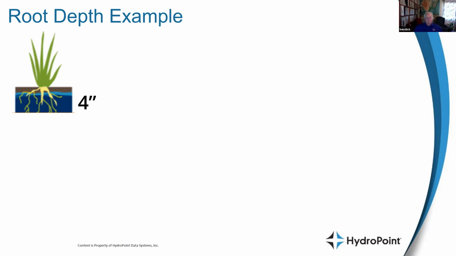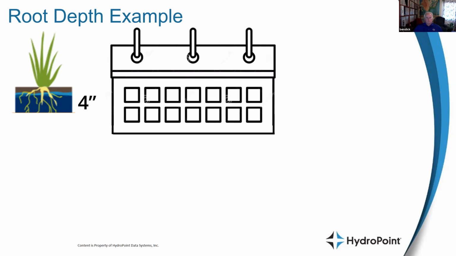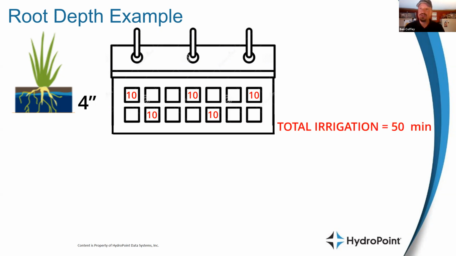And with all the other factors combined, that plant is going to need, across 2 weeks, 5 days of irrigation at 10 minutes apiece, right? I made up all of these numbers for simplicity, right? So at 4-inch root depth, in 2 weeks, you'll see 5 irrigation events that last 10 minutes apiece. And across that 2 weeks, you'll get a total irrigation of 50 minutes of irrigation.